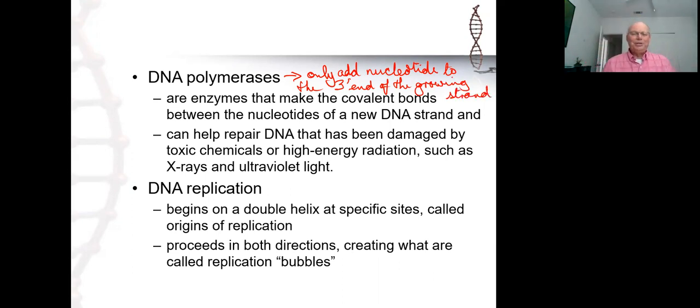So this is one of the limitations of a DNA polymerase. It only knows how to add nucleotides to the 3' end of the growing polynucleotide strand that it's creating. But it also has another drawback. It can't start copying a single-stranded DNA molecule or a single polynucleotide strand.